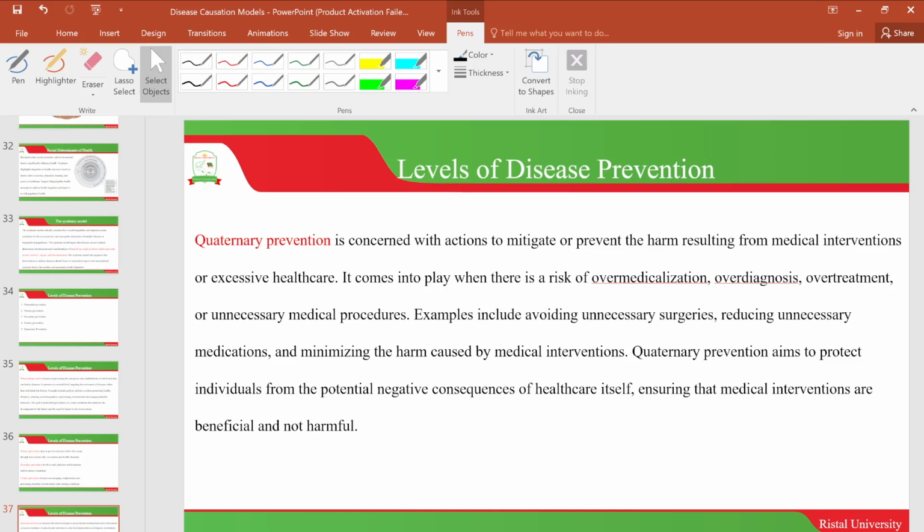Either there is need for palliative care so that the person can pass away peacefully, or the treatment is really reduced. So preventing harm to individuals from over medicalization or over diagnosis is what we call quaternary prevention.